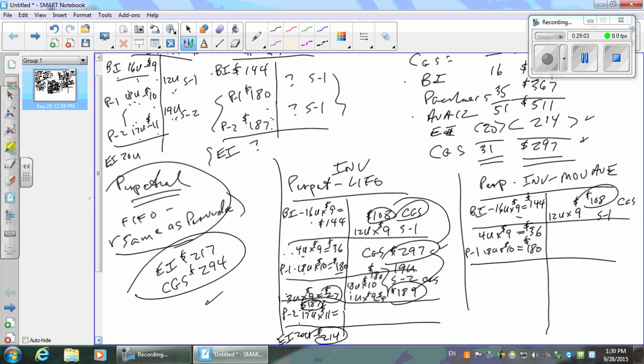And if you do 2 purchases in a row, you have to calculate the average of all of them, the inventory you had plus the purchases. So how many units are there now? 22 units. And what did they cost in total? 216. 36 plus 180. Everybody staying in there? So you just divide the 22 into 216 and you get the average. How much is that? $9.82.